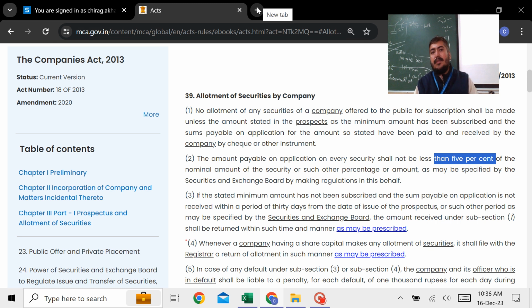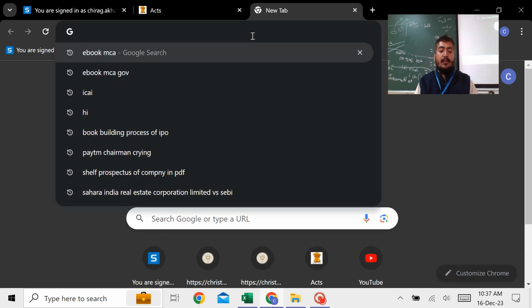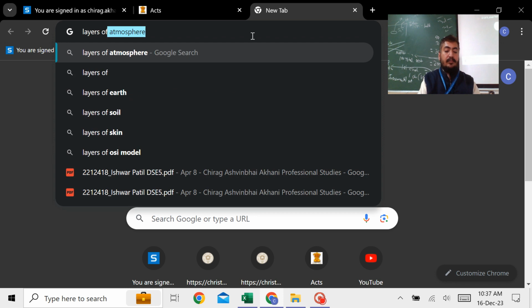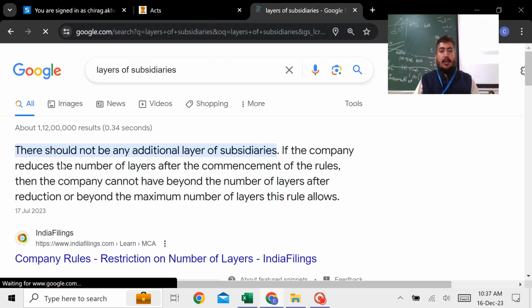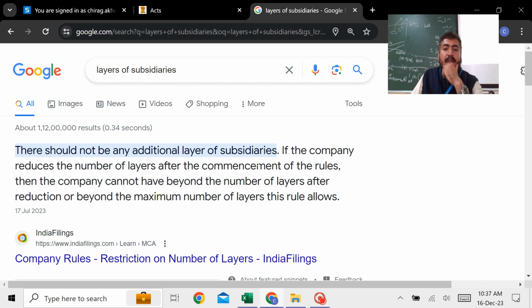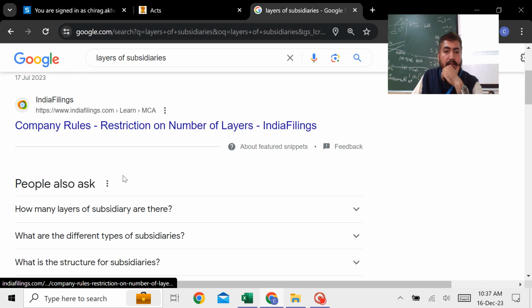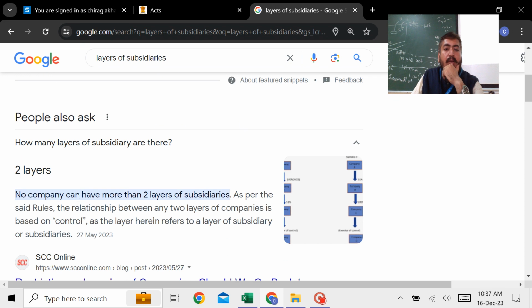Now keep this in mind: if you look at the layers of subsidiaries today, there should not be any additional layer of subsidiaries if the company reduces. No, not like that. Wait. No company can have more than 2 layers of subsidiaries as per the rules.